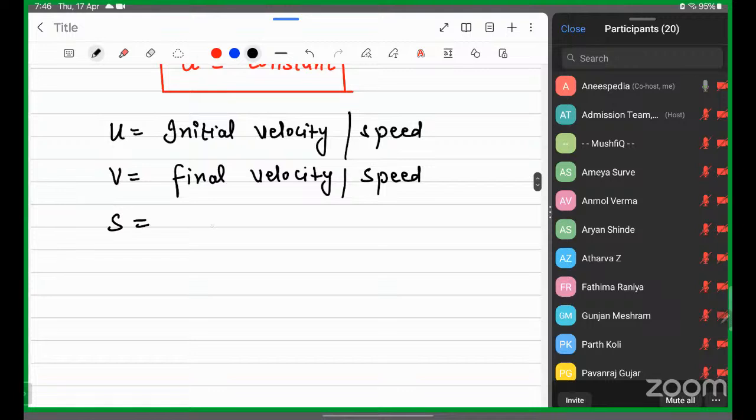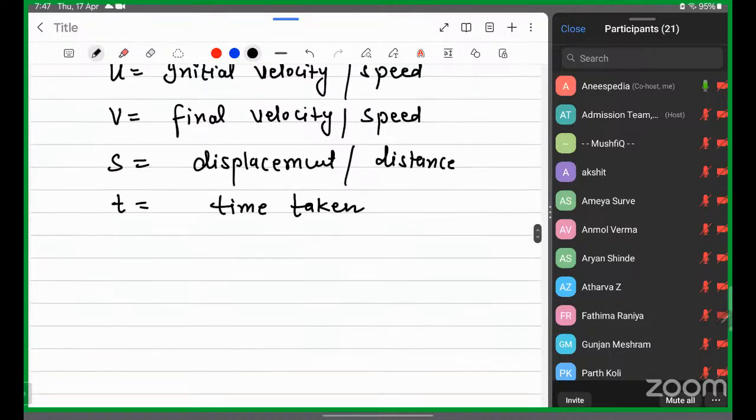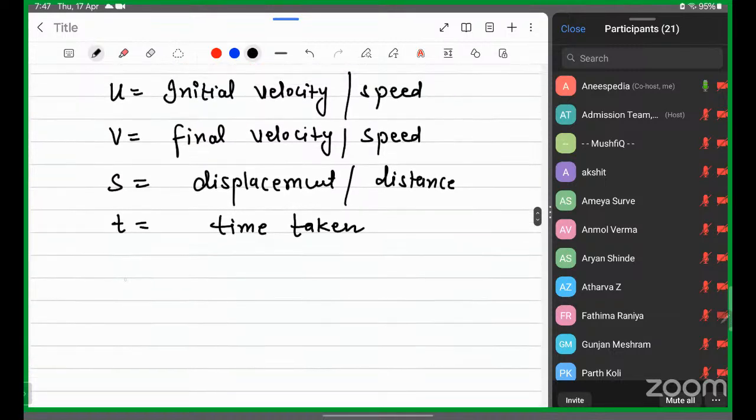S is displacement covered or distance. T is time taken by the object to cover certain distance S. And finally, we have acceleration A, which has to be constant.